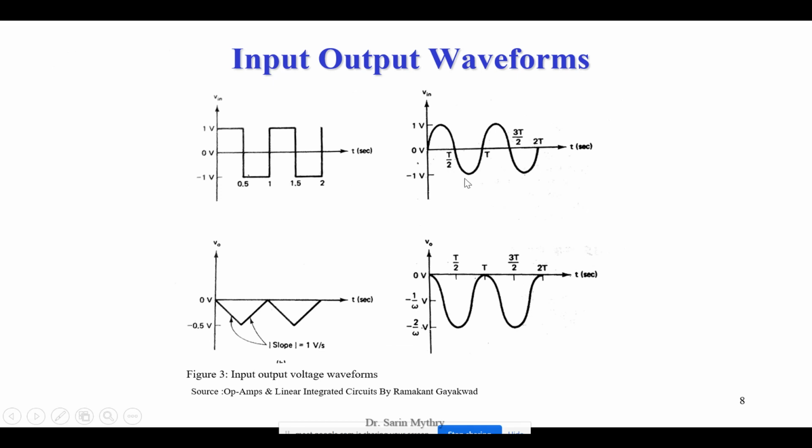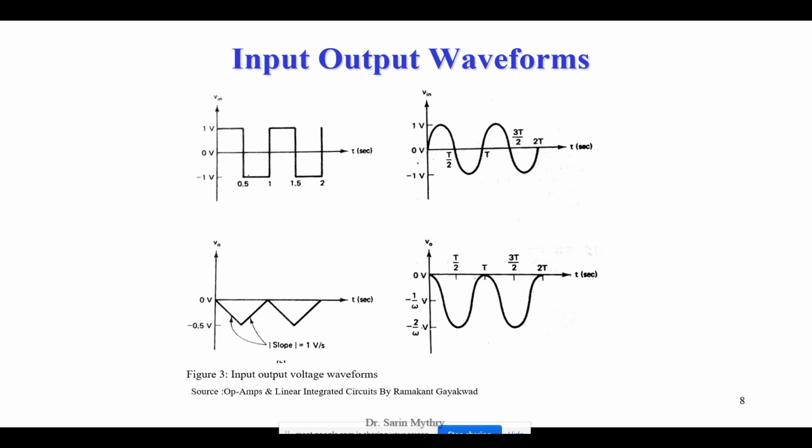So these are the waveforms which talk about this particular integrator circuit. Let us see what these waveforms talk about. In these waveforms, if the input is a sine wave, the output is going to be ultimately a cosine wave, depending upon the integration we have done.